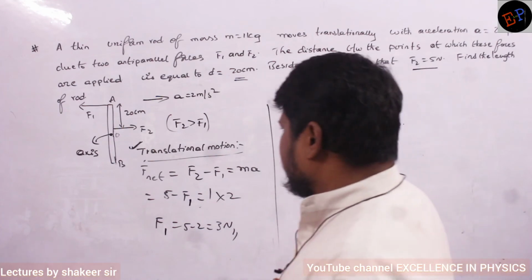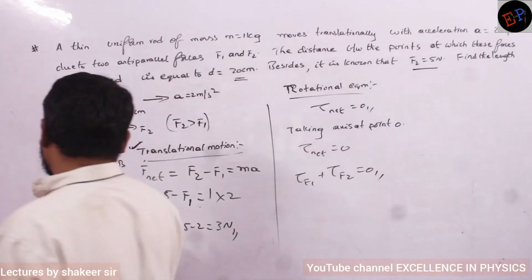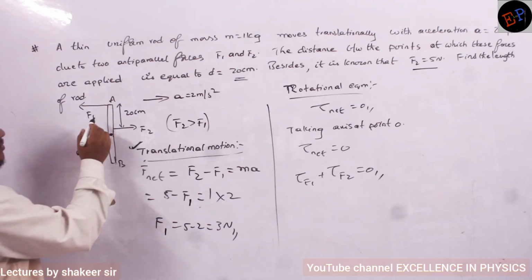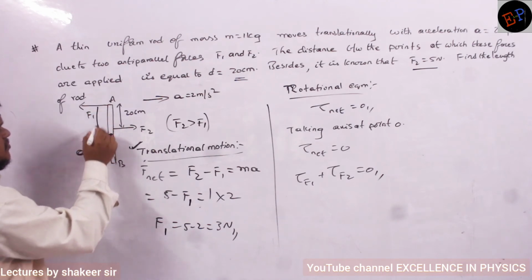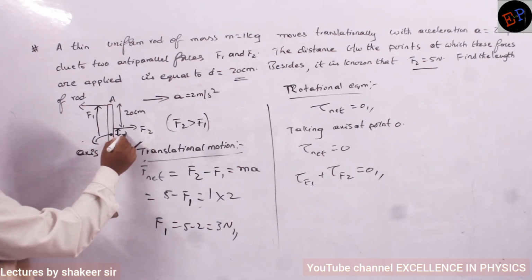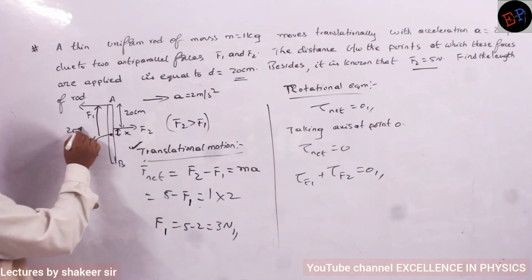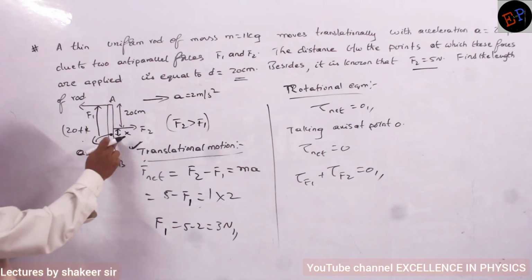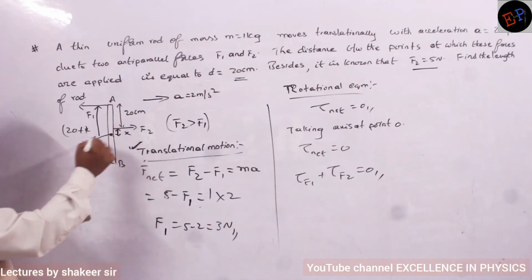Understood? Now, what is this distance? This distance I know is 20 centimeter. But what is this distance? Let us call it x. Can I call this distance 20 plus x? I can call it 20 plus x. Similarly, F2 is acting at a distance of x only.